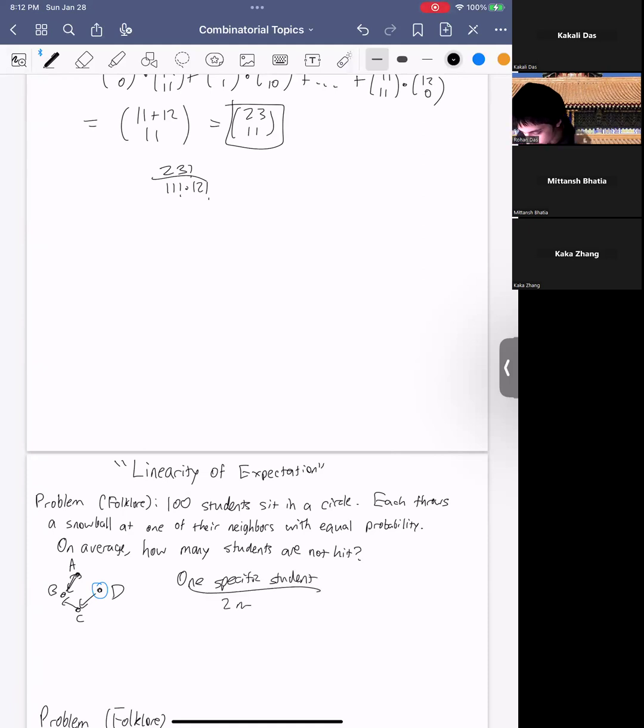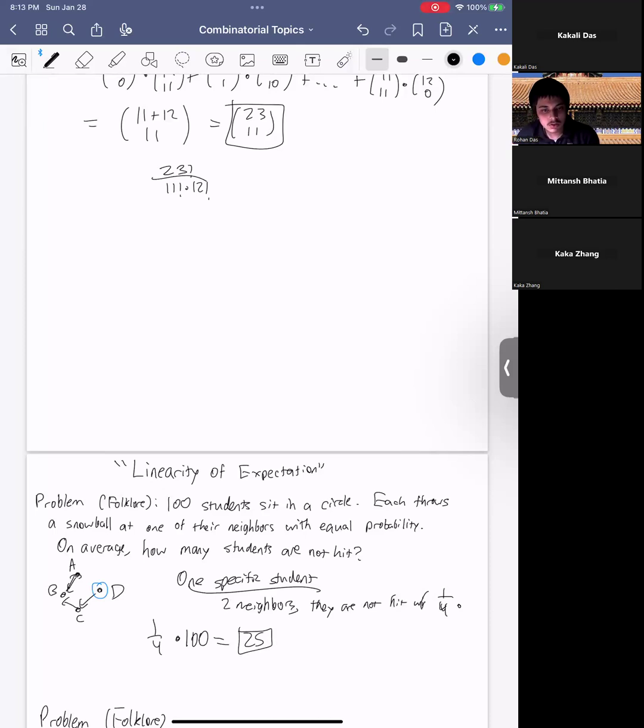They have two neighbors, and they are not hit with probability 1/4, because they're only not hit if each of their two neighbors picks the other person to throw a snowball at. The fundamental idea of linearity of expectation is that to recover the answer for all 100 students, you can just take 1/4 and multiply it by 100.